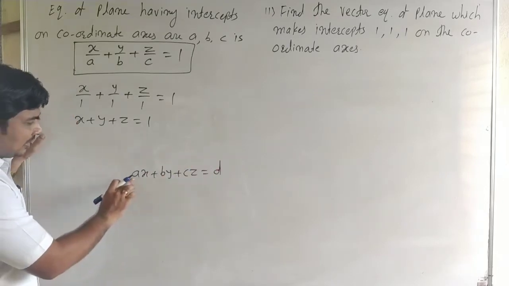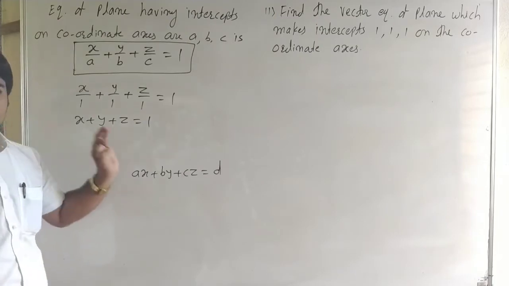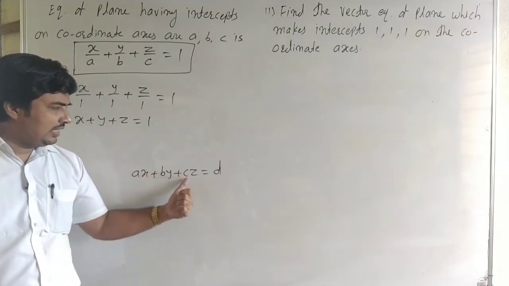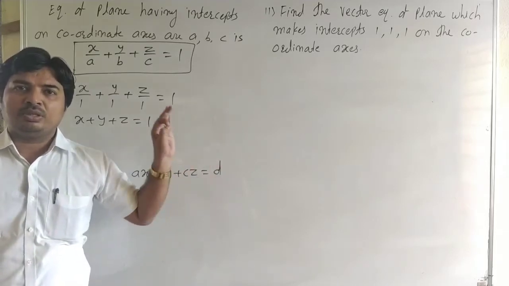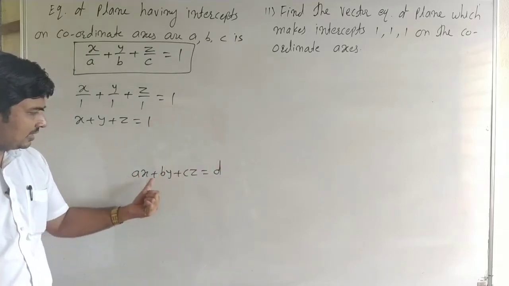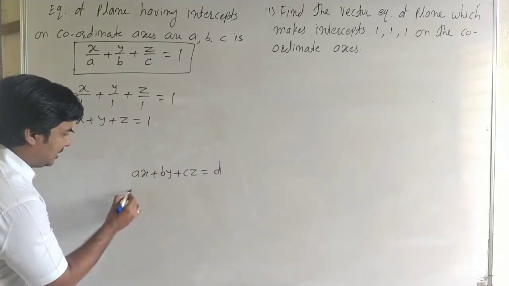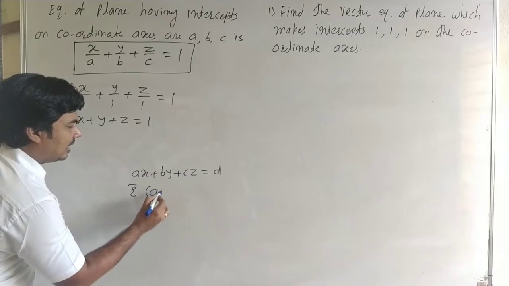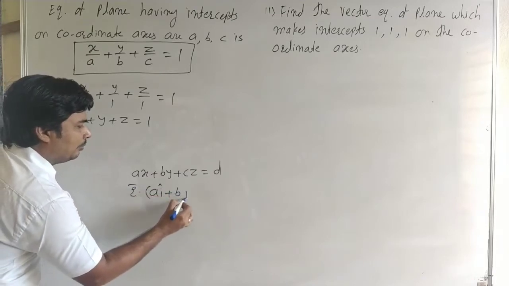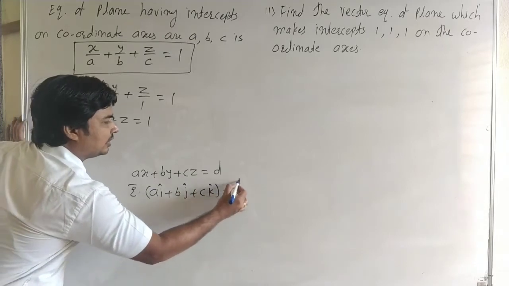Suppose then a, b and c are the direction ratios of the normal to the plane, and x, y, z is any point on the plane. Therefore this can be written as r bar dot (a i cap plus b j cap plus c k cap) is equal to d.